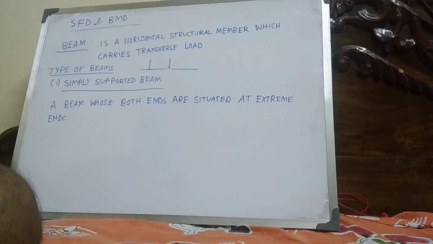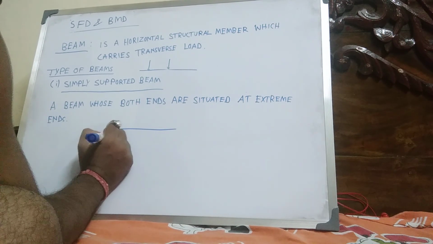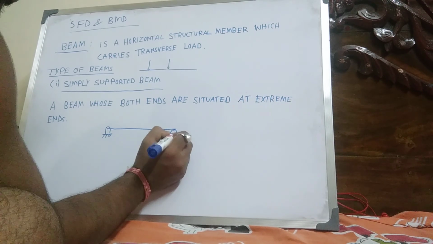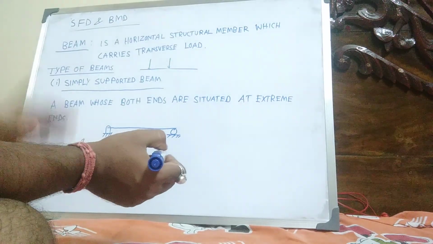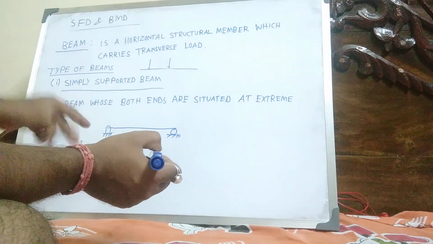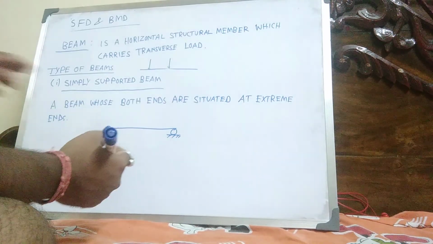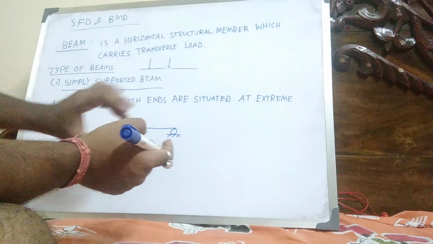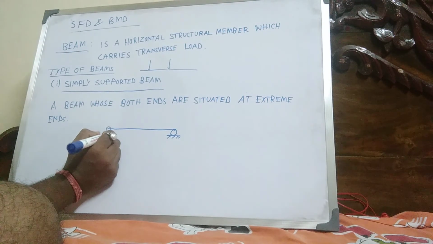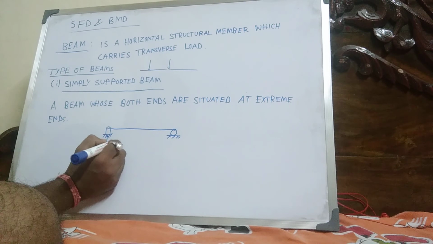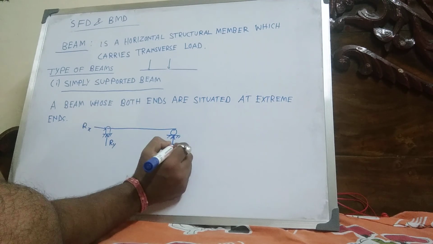Suppose one end is hinge support and the other end is roller support, or knife edge support can be used. One end is hinge and the other end is roller or knife. This is a simply supported beam. The reactions are Ry and Rx at the hinge, but in roller support only vertical reaction.